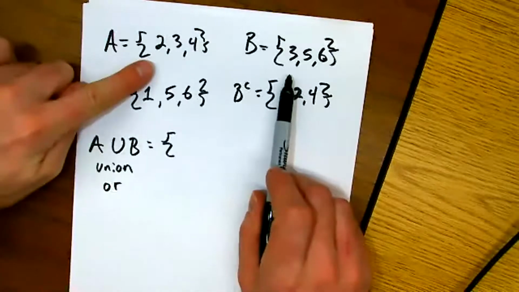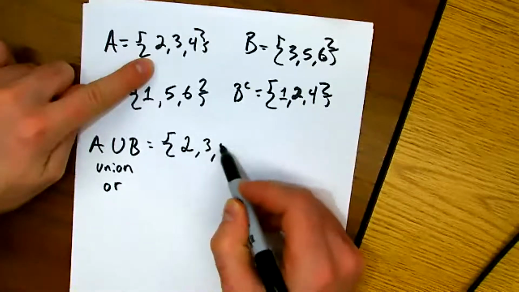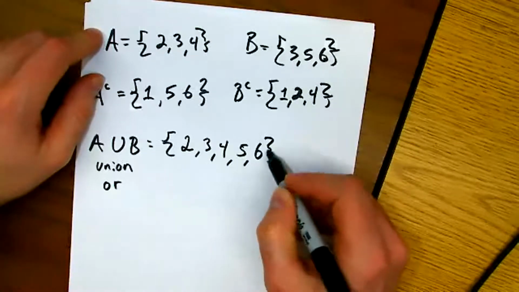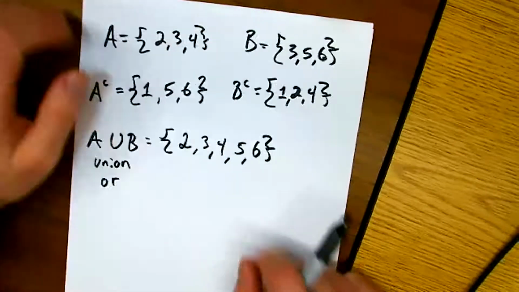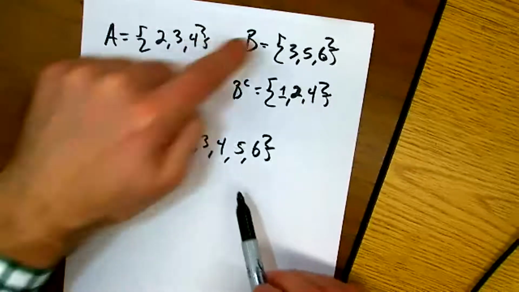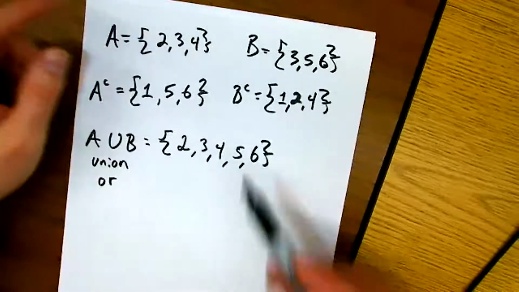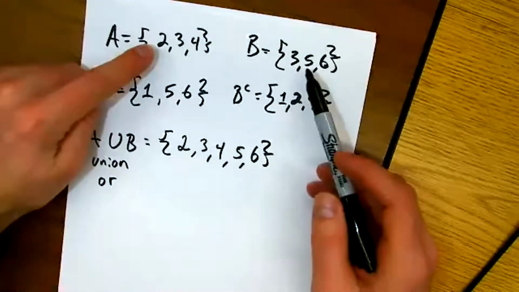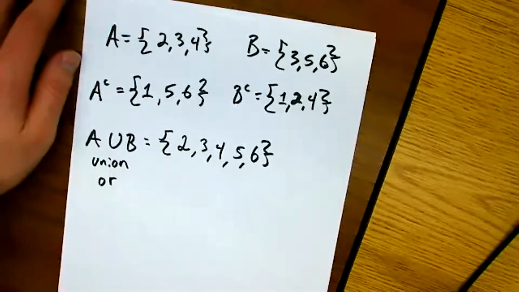If I saw a 2, a 3, or a 4, that's in A. Or if I see a 5 or a 6, that would be in B. So any of these outcomes are in either A or they're in B, right? So I'm just looking for the outcomes that would belong to either one of those events. And if it gets repeated, we don't write it twice. It's still just one outcome, right? So it could be in both, but it's at least in one of them. So the only thing that's not in this union would be the outcome of 1. Okay.